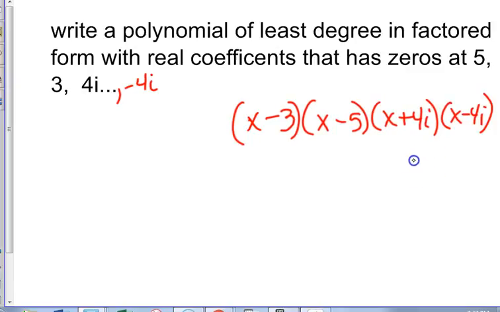Okay, and if you leave it there, you won't get full credit because some of those coefficients aren't real. They're imaginary, so if we FOIL just those two together, remember what happens?